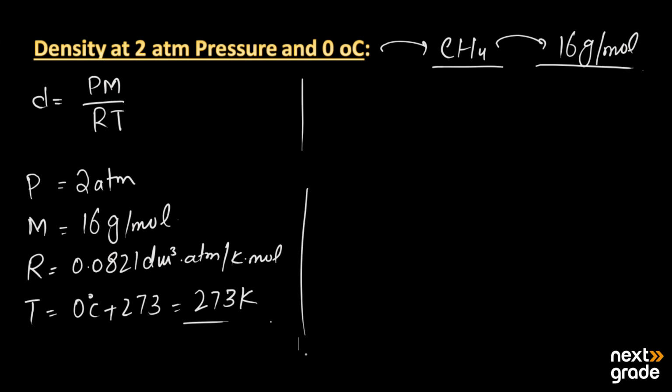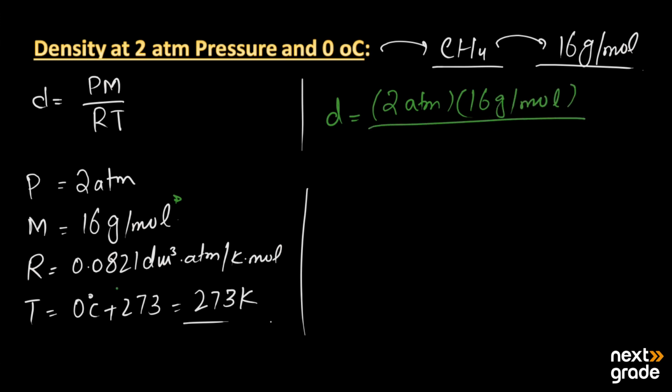Now we put in the values. The density is equal to pressure 2 atm, multiplied by the molar mass 16 gram per mole, divided by the general gas constant 0.0821 dm cube atm per Kelvin per mole, multiplied by 273, the temperature.